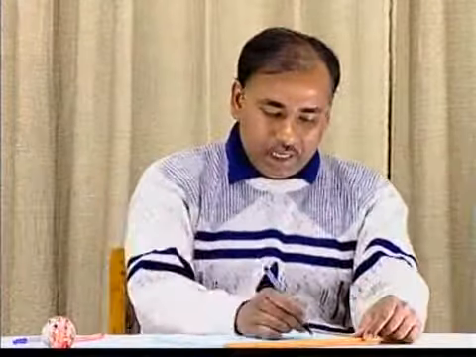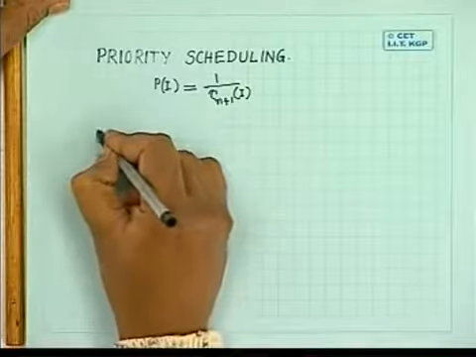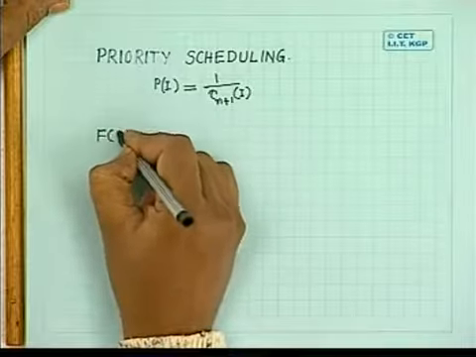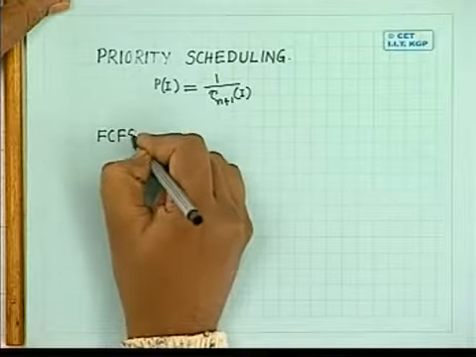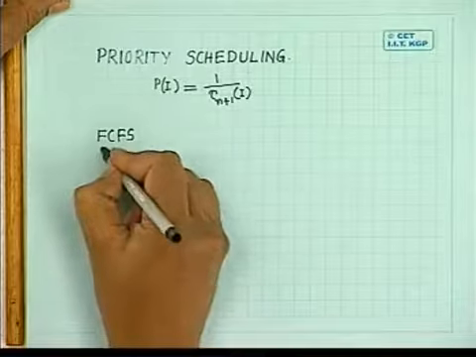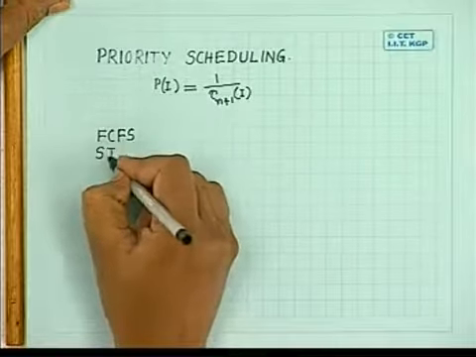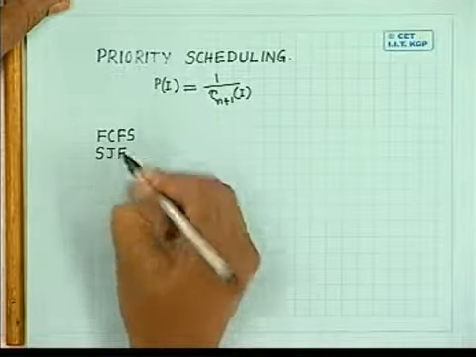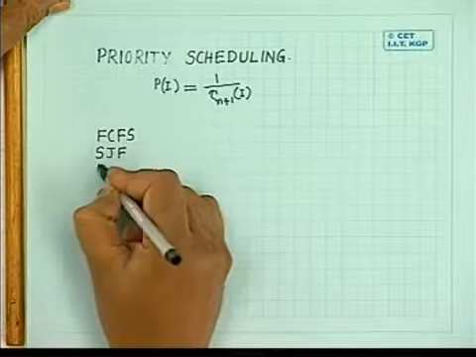Now, these three kinds of CPU scheduling techniques, that is, first come first served CPU scheduling, FCFS, shortest job first scheduling, SJF, and priority scheduling.